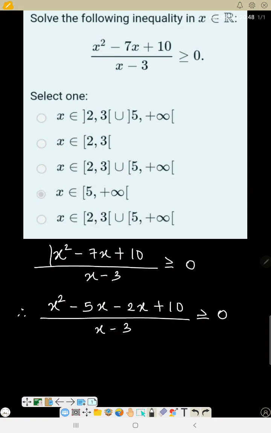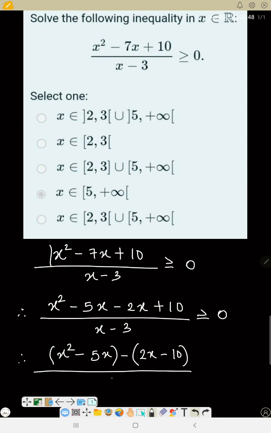So now bracket it in 2. So this will be x squared minus 5x, then minus 2x minus 10, everything over x minus 3, is greater than or equal to 0.